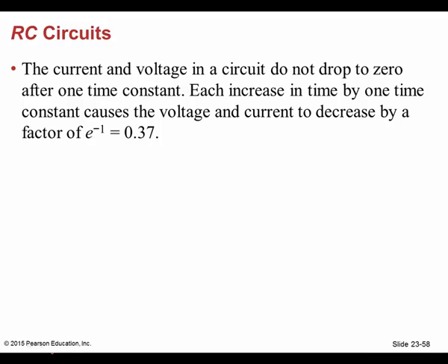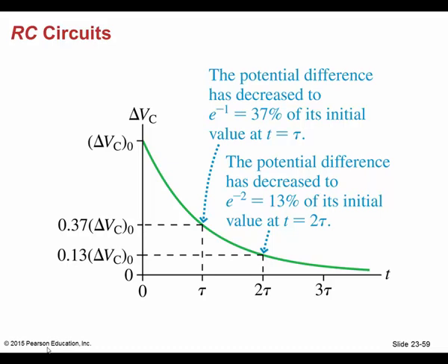Oh, well, and by the way, if you have a time constant of 1, e to the negative 1 is 0.37, or 37%. So what does that mean? If we have a time constant of 1, in other words, after one time constant is what this is trying to tell us, then the voltage across the circuit is 37% of its initial value.